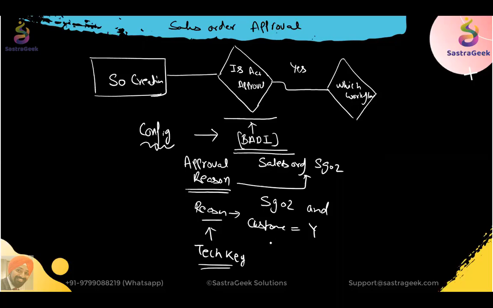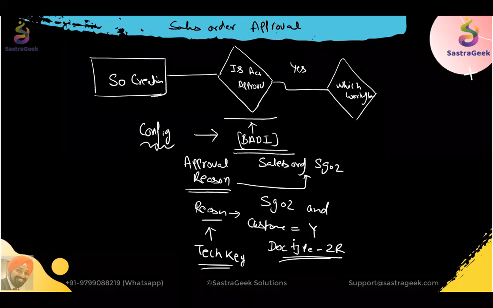You can also create a separate document type. If my sales order type is ZR, then only these sales orders go into the approval. So you can assign it with the sales order reason.